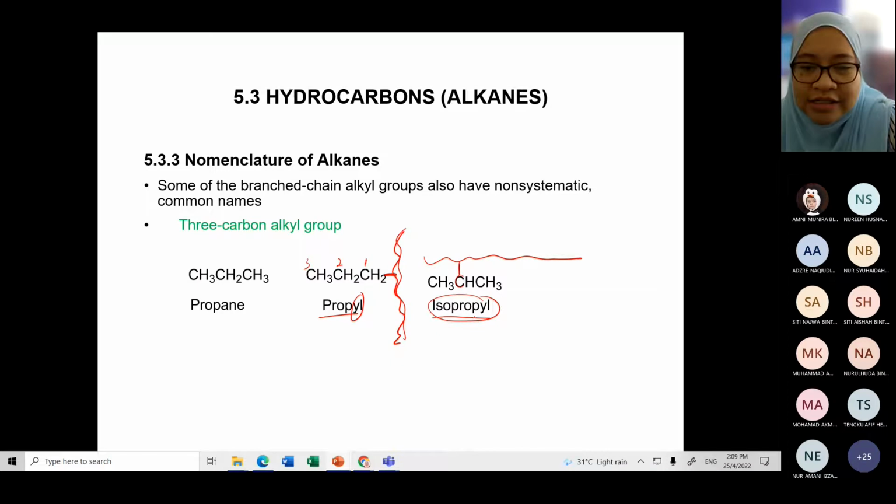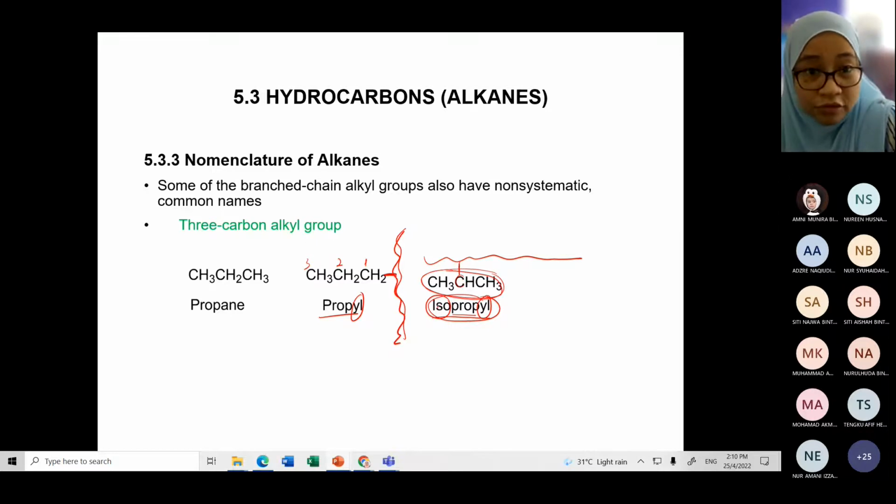It is called isopropyl. The reason it ends with YL is that this is a substituent, a branch. The reason it is called propyl is that in total we have 3 carbons in it. The reason it is called iso is that it is attached to carbon number 2 in the propyl group.